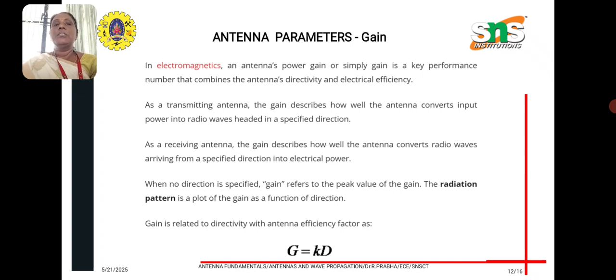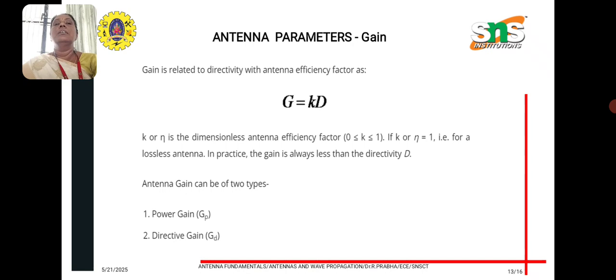When no direction is specified, gain refers to the peak value of the gain. The radiation pattern is the polar plot of the gain, and it is a function of direction. It is the plot which gives the radiation with respect to direction. Gain is related to directivity by the formula G = K × D, where K is the dimensionless antenna efficiency factor.